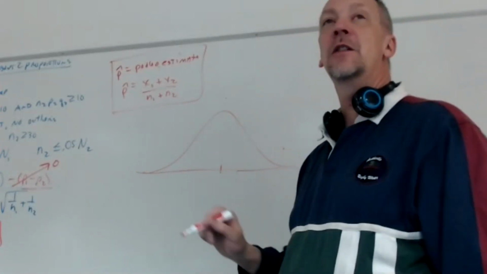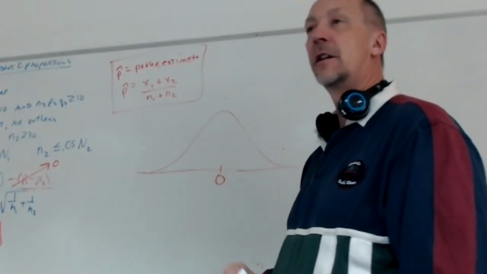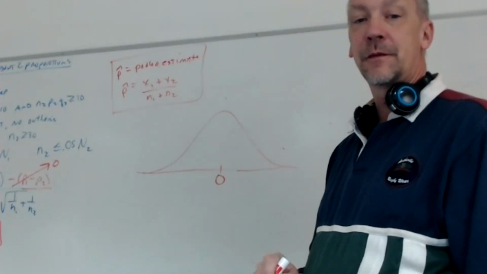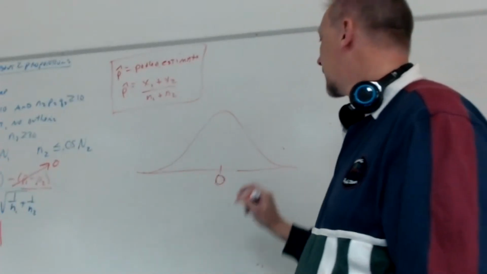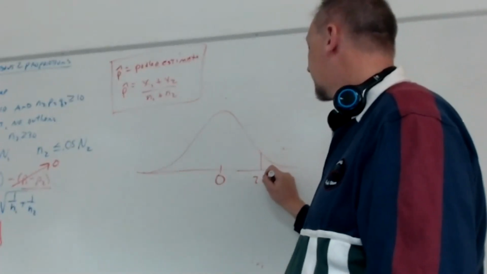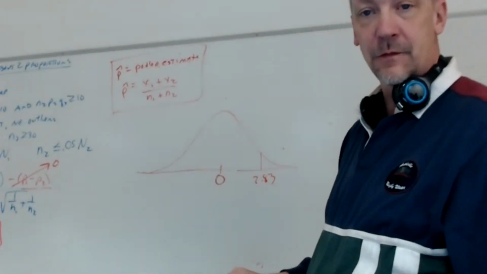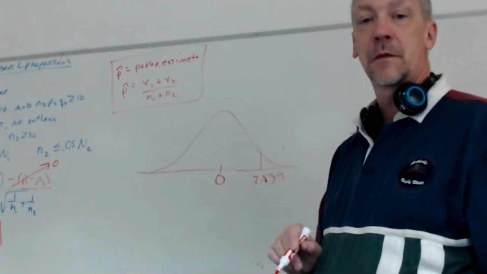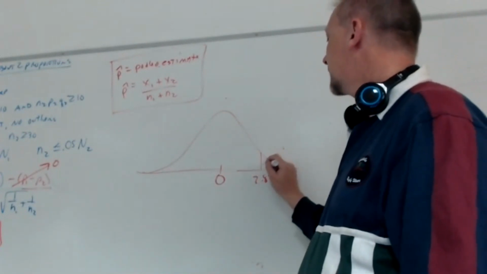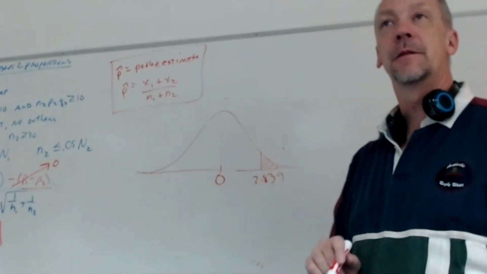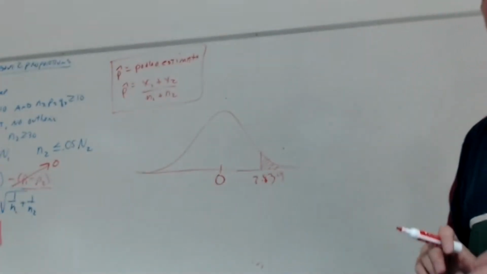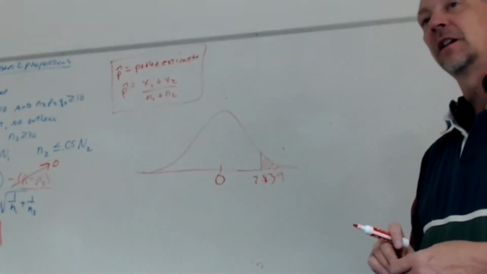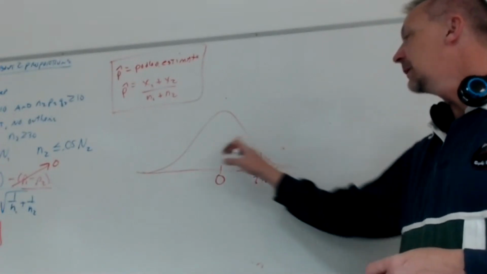If we're doing a standard normal, it's a 0, right? What did I get? I got 2.83, didn't I? Yeah, 2.839. Okay, I'm doing a right-tailed test. I want this area to the right. What is Excel going to give me? It's going to give me what's on the left.